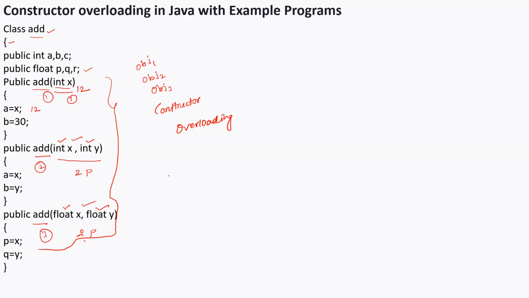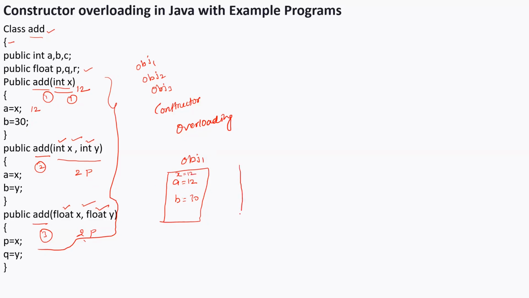Now let us see what all the things we are going to have. So I have three objects. First object is obj1. In this obj1, you have a equals 12, b equals 30, and you have the x value also. That x value only you are assigning to your a value. Clear?